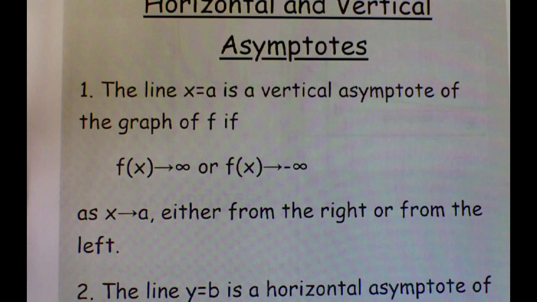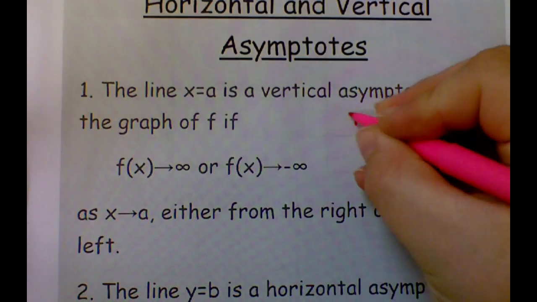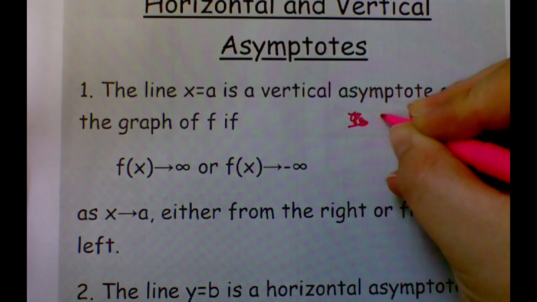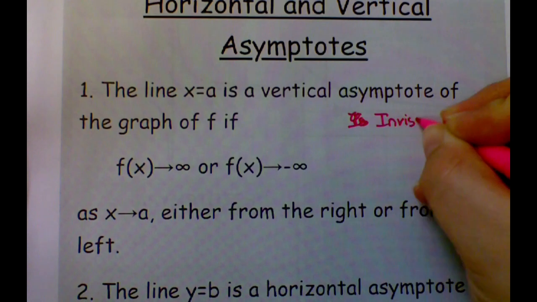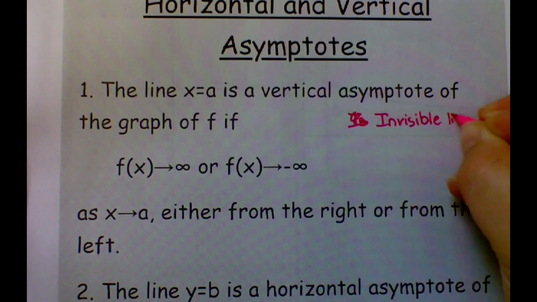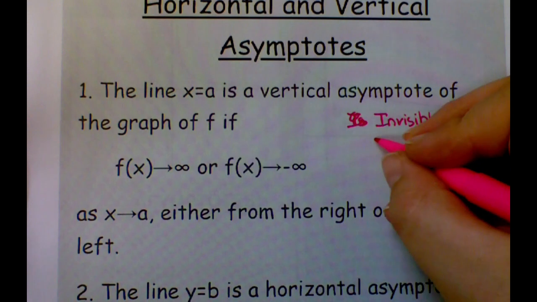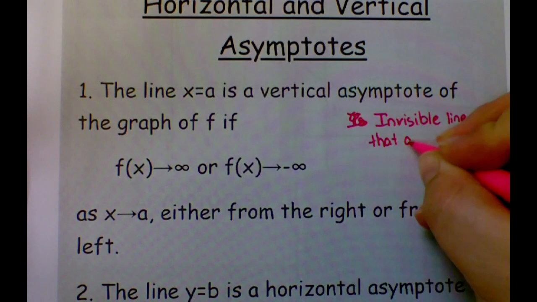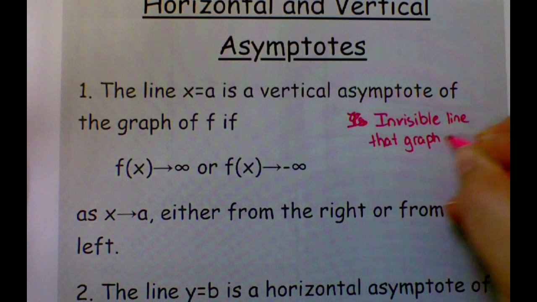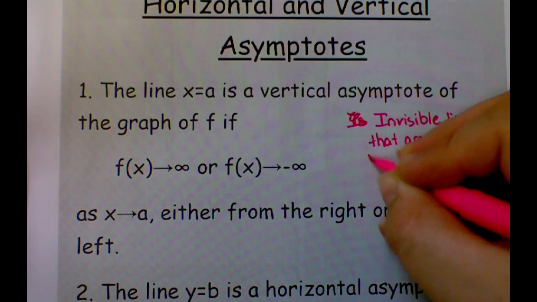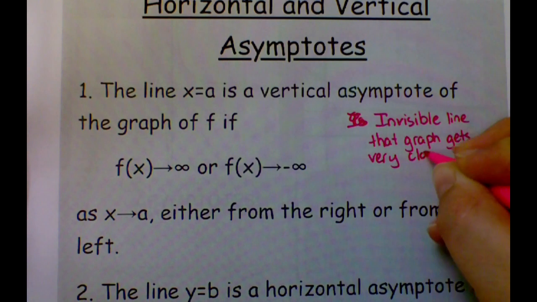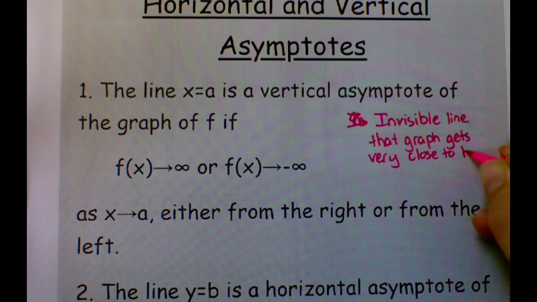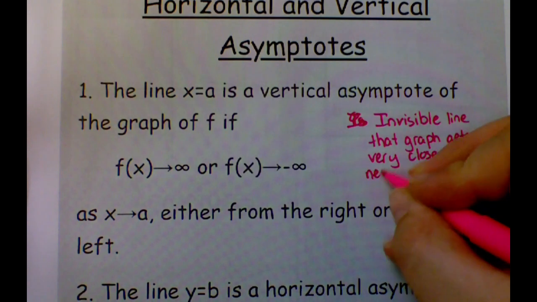So a vertical asymptote is an invisible line that the graph gets very close to, very close, but will never touch or cross.